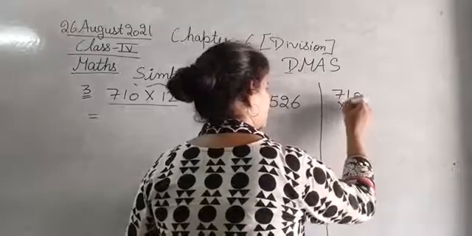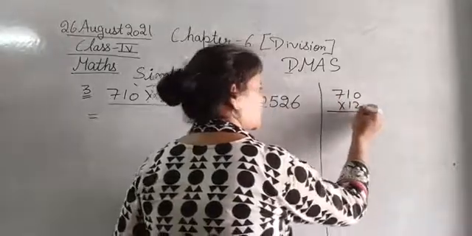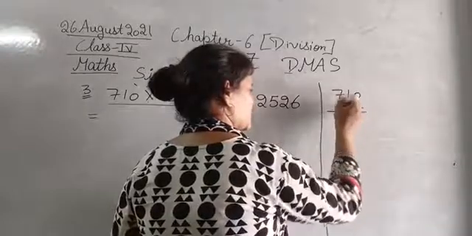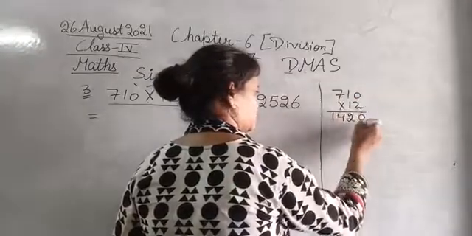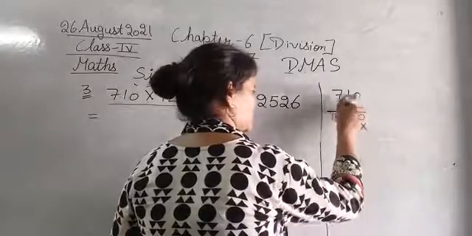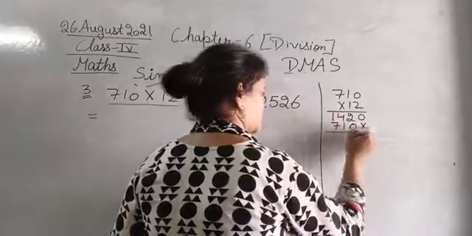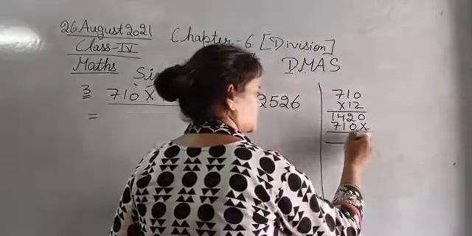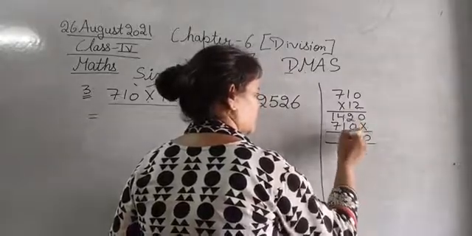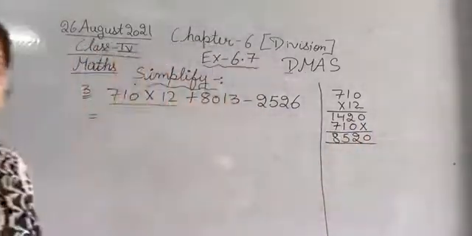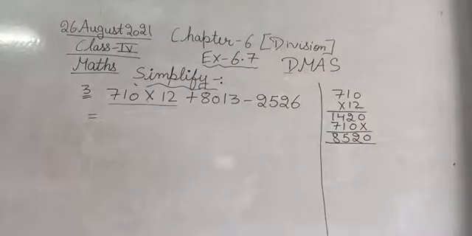710 multiply by 12. 2 zeros are 0, 2 ones are 2, 2 sevens are 14. Next, 1 zero is 0, 1 one is 1, 1 seven is 7. This gives 8520.